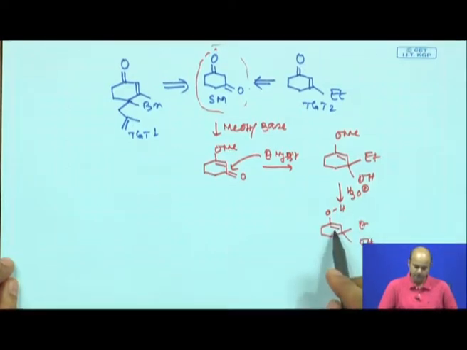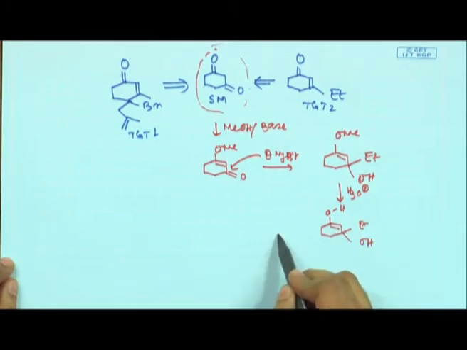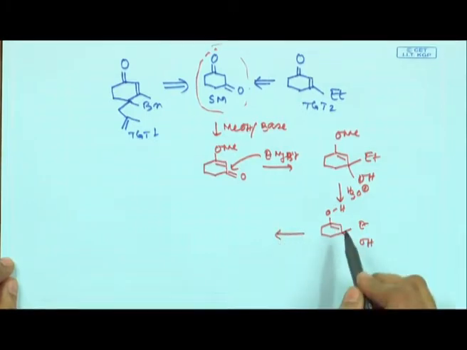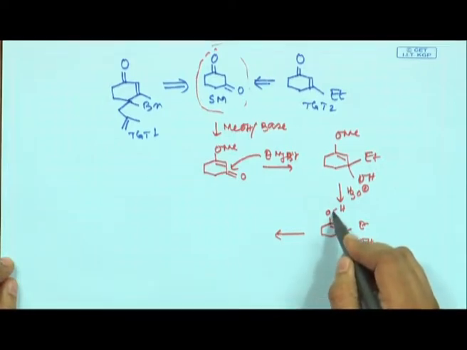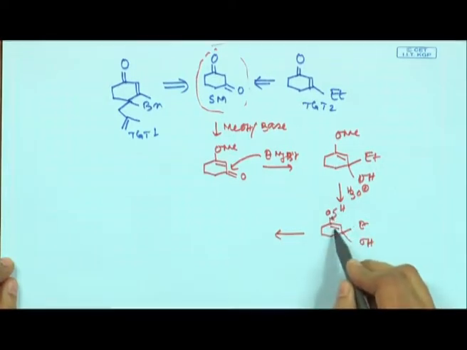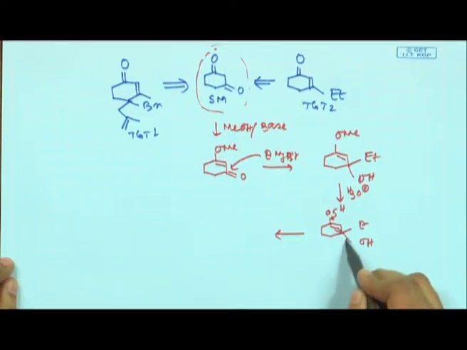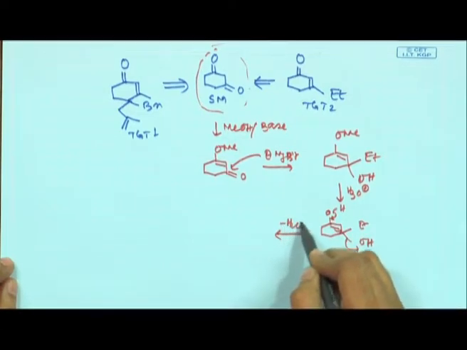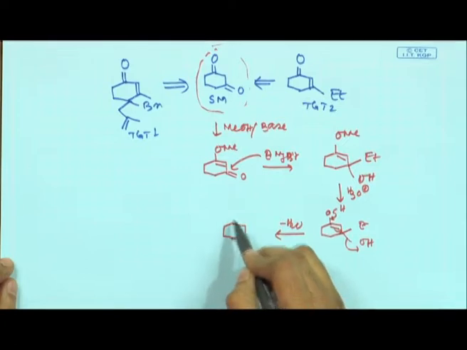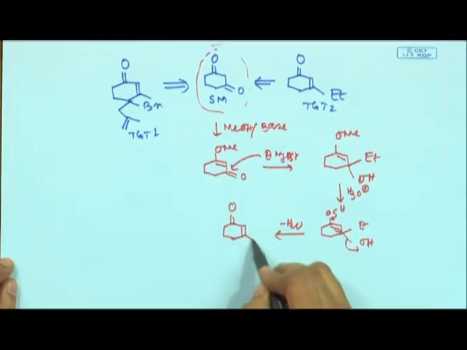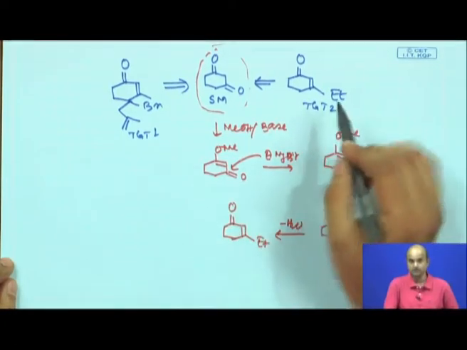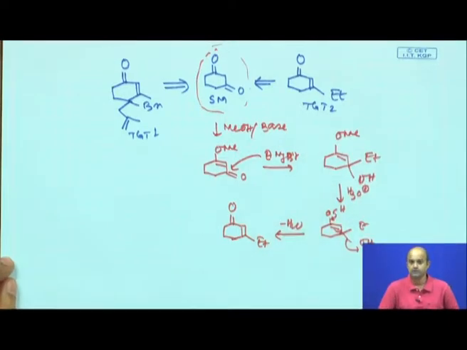Now, this compound is what? This compound is basically an enol. This compound is an enol. So, enols have an instant tendency to tautomerize to the parent ketone, but in this case it will not be simple tautomerization, it will also be followed by elimination of a water molecule, and you will get target 2 which was initially asked.